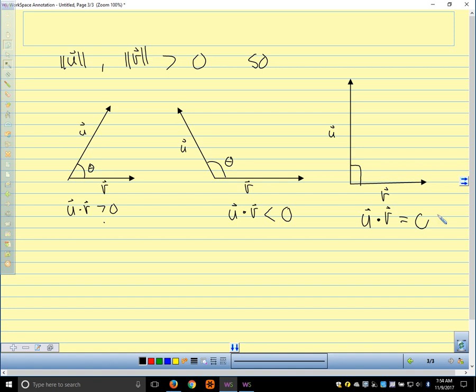This last picture tells us that if u dot v equals 0, the angle between the two vectors is 90 degrees. So that tells us that in this situation, there's no component of u in the direction of v.